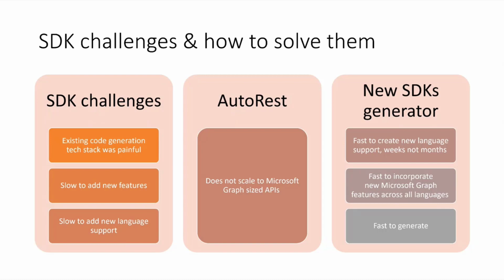We wanted something fast to support new languages, within weeks, not months. We wanted it to be very fast to incorporate new Microsoft Graph features across all our languages, because we really needed to keep up with all the new features. And we wanted something that is fast to generate an SDK. So that's what we've been working on.